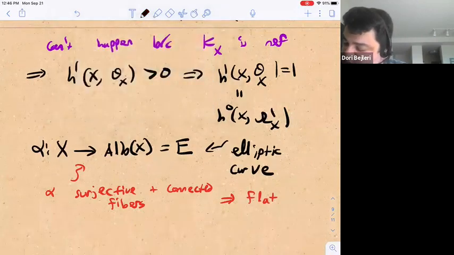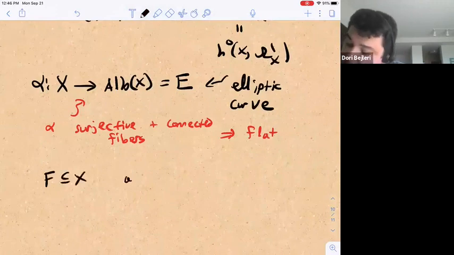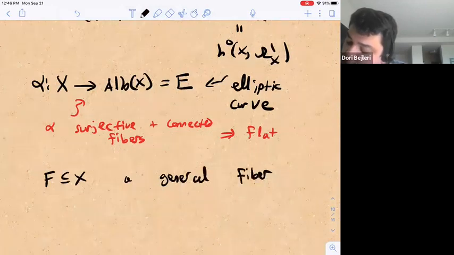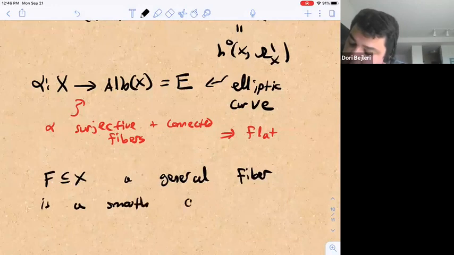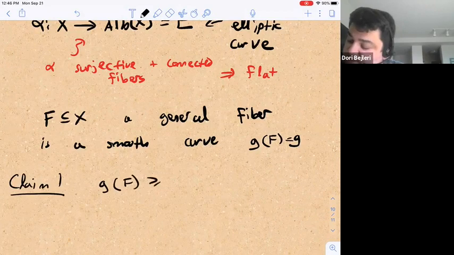And let's just denote by F the general fiber, or maybe a general fiber. That has to be some curve. The genus of this general fiber is at least 1.